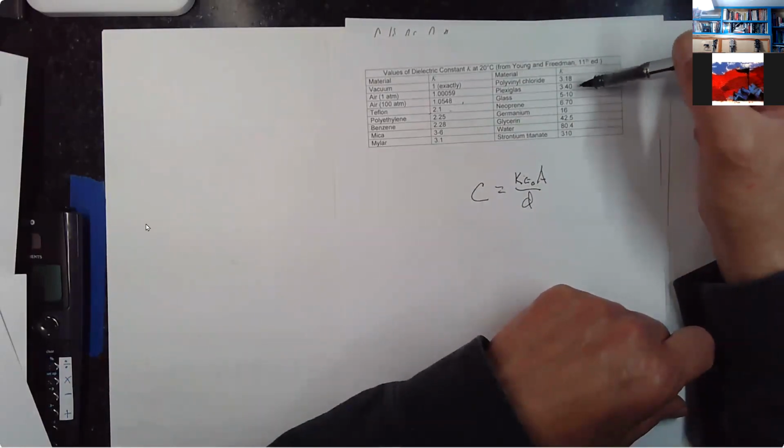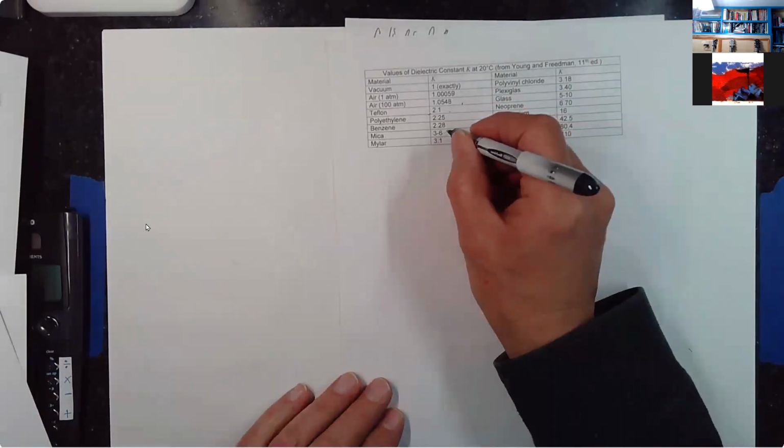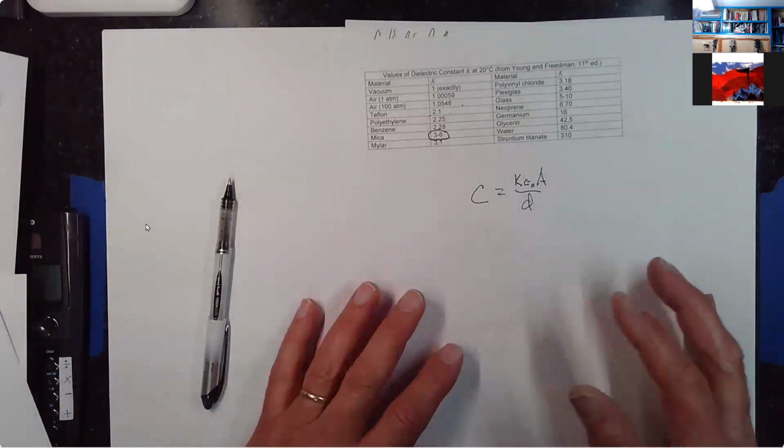Polyvinyl chloride, plexiglass, glass. They used to actually use sheets of mica in capacitors. Mica is a mineral that shows up in rocks. If you ever look at a granite rock, which is an intrusive igneous rock, it's molten rock that condenses from a liquid state to a solid state very slowly underground, and it'll form crystals of various types in it.